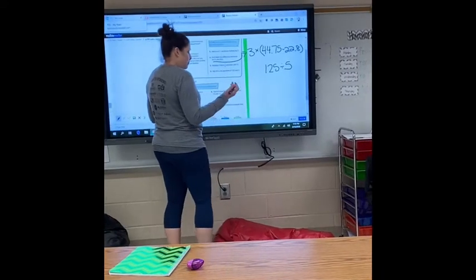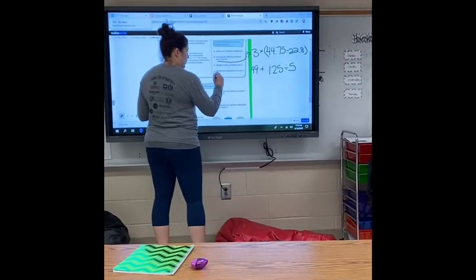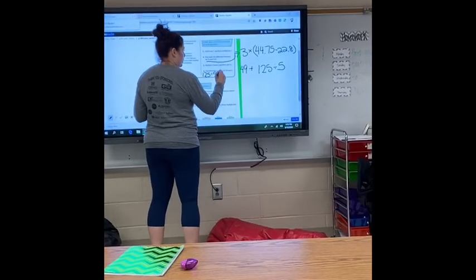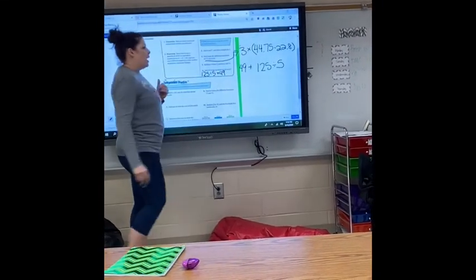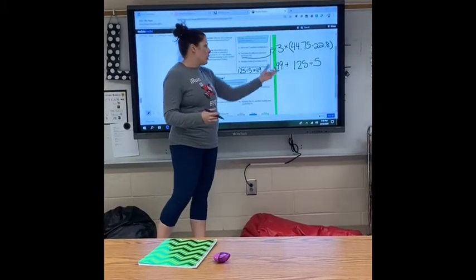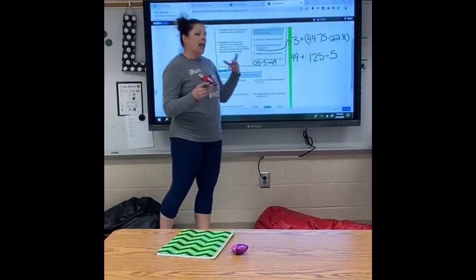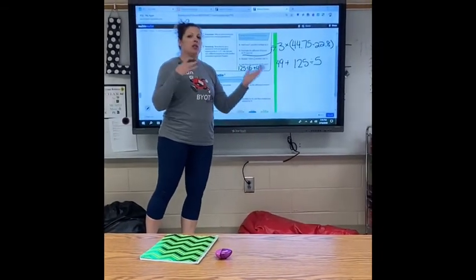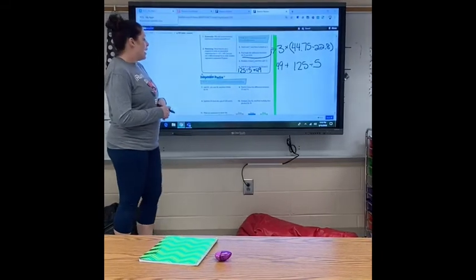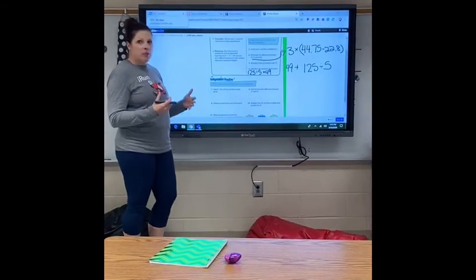So when you're adding, you can either put it in the front or you can put it in the back. Either way, you're going to be adding, because order doesn't matter when you're adding, so you can go in the front or in the back. You don't need parentheses anywhere because you're going to be dividing first, because PEMDAS tells you to divide before you add. So you don't have to solve these numerical expressions yet.